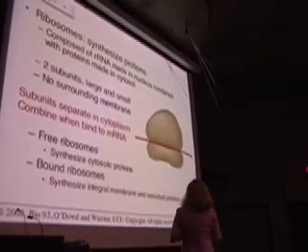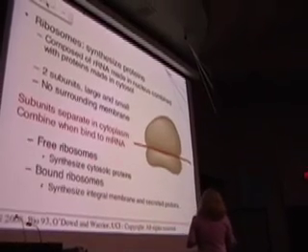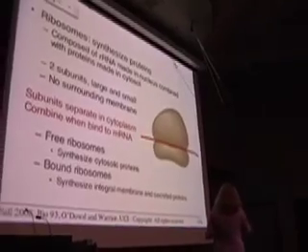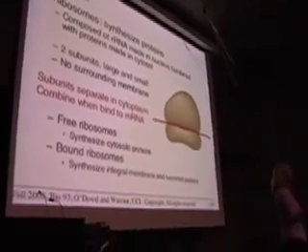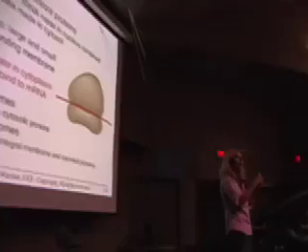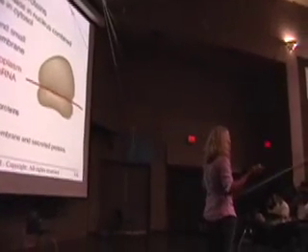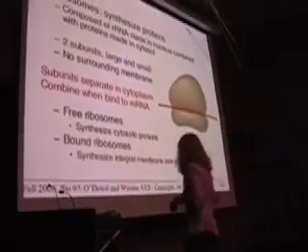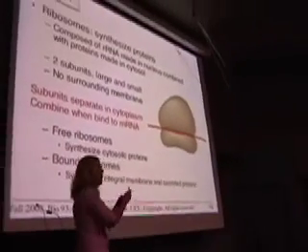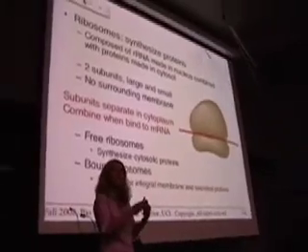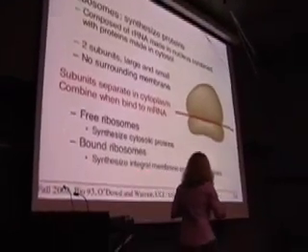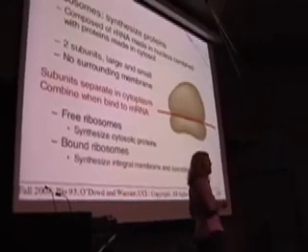So a free ribosome is a ribosome that's found in the cytoplasm, and it would look like this if it was synthesizing a protein whose function was occurring in the cytoplasm. Bound ribosomes are ribosomes that are on the endoplasmic reticulum, and these synthesize integral membrane proteins and secreted proteins.